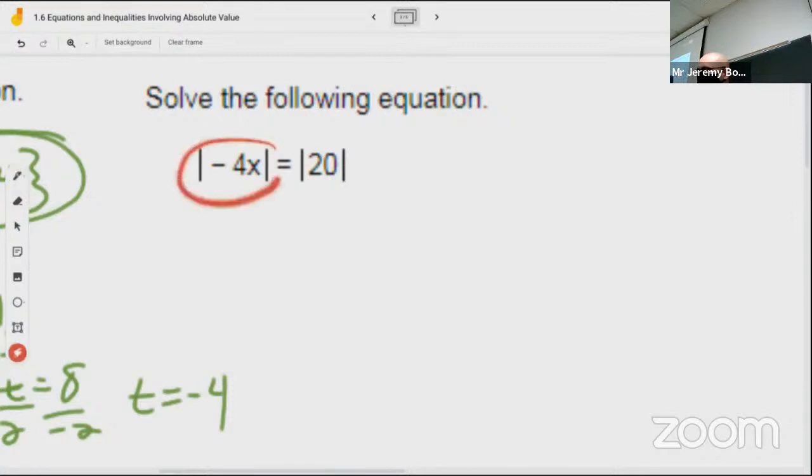Well, if you look at this absolute value, it does have a variable in it, but this one does not. So if you don't have a variable in the absolute value, you can just evaluate that absolute value. And so this is just going to become the absolute value of negative 4x is equal to just 20.